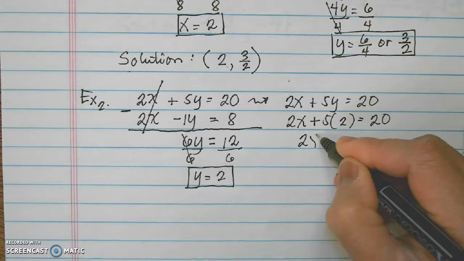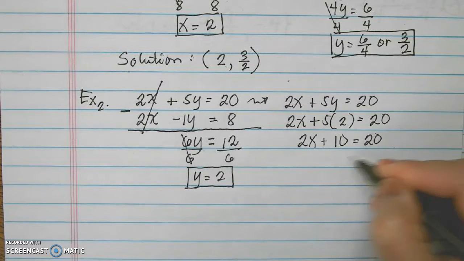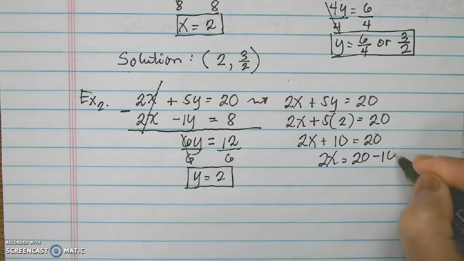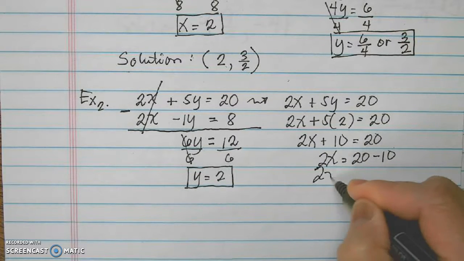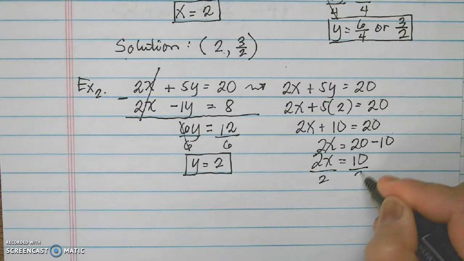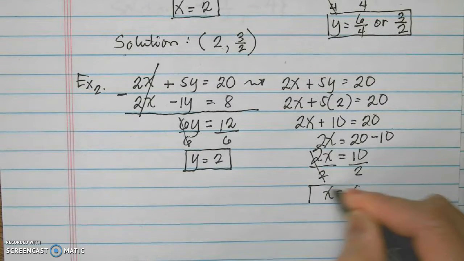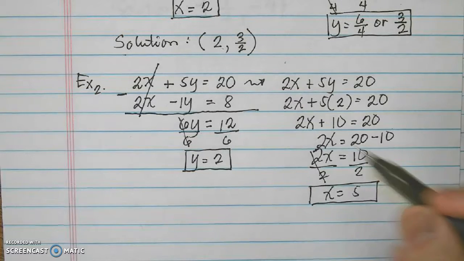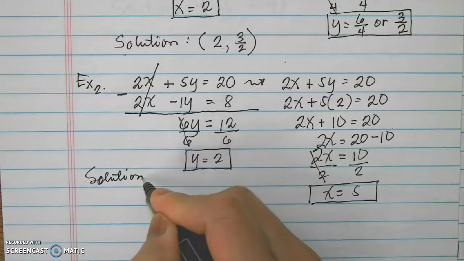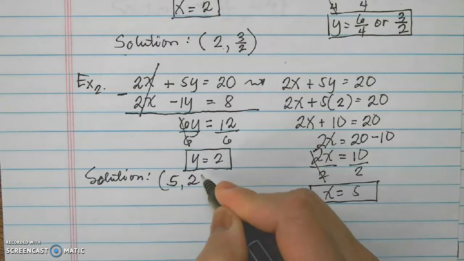So my 2x plus 10 equals 20, and 2x equals 20 minus 10, and then 2x equals 10. That's going to be divided by 2, divide by 2. My x is 5. So those are the coordinates of my intersection point for these two lines, and my solution is (5, 2).